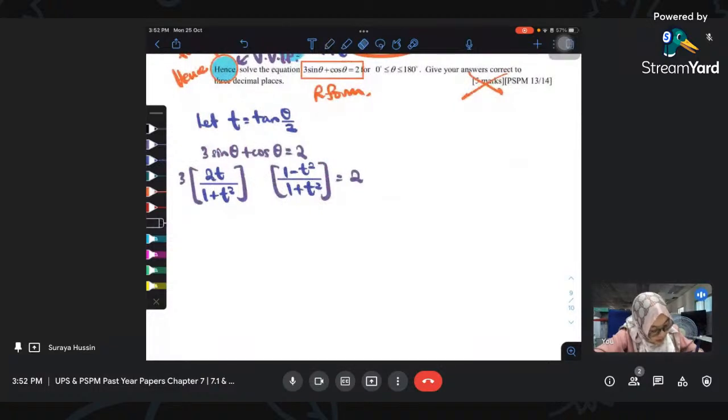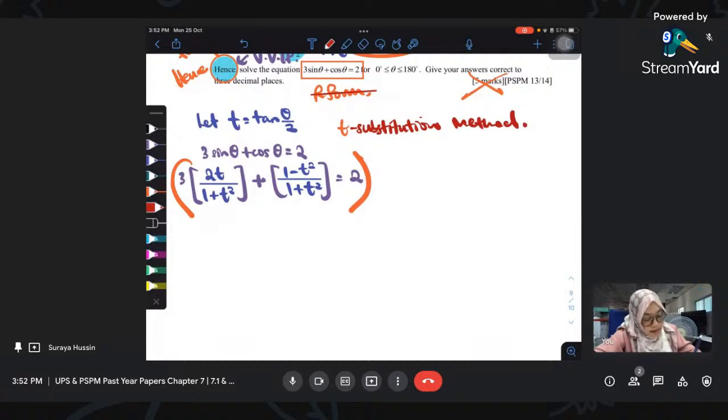Okay, now let's just solve this macam biasa menggunakan t-substitution. Ini jangan guna R form pula. Kita nak apply t-substitution. We are trying to do t-substitution method here because of the word hence. Okay, saya repeat ya kalau kamu tak dengar tadi. The word hence.